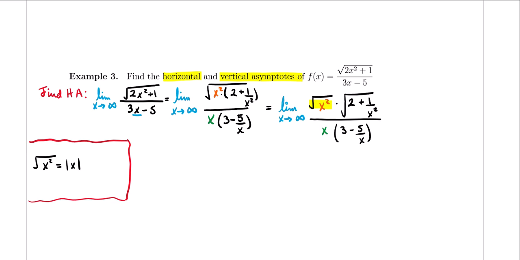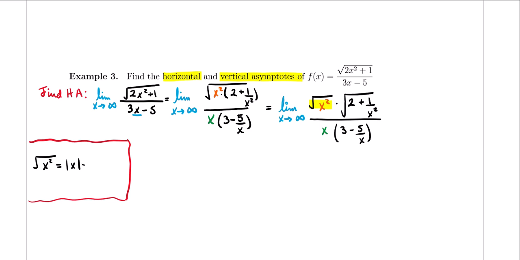The reason for that is because, remember, anytime that you're taking a square root, you're taking the principal root, in other words, the positive number. So we have to remember that the square root of an x squared is actually the absolute value of x. Now, why is this important to know?